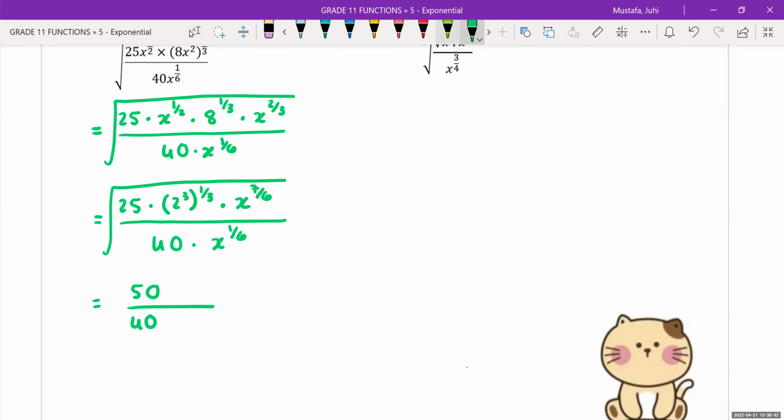I can use more power laws for this part right here, where I have x to the power of 7 over 6 and x to the power of 1 over 6. Because I know 7 over 6 minus 1 over 6 is 6 over 6, which is just the number 1. So all of that is actually going to reduce so nicely to give me x to the power of 1. And then we still have our big square root sign over here.